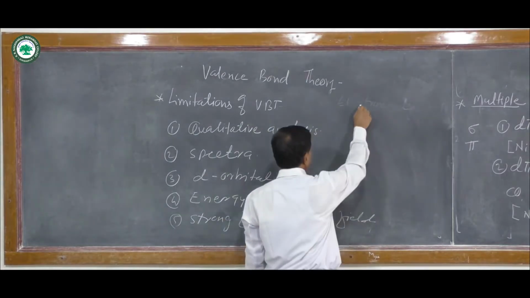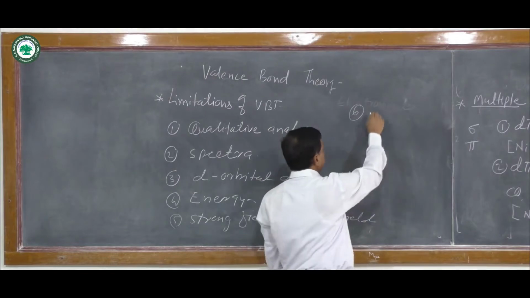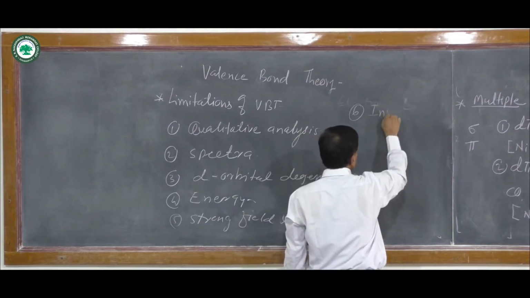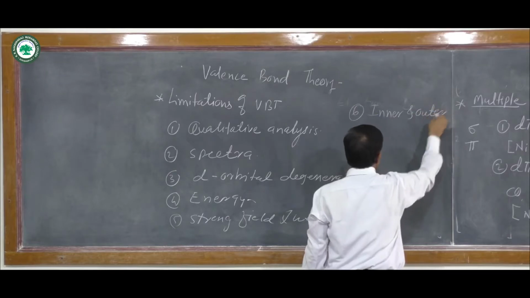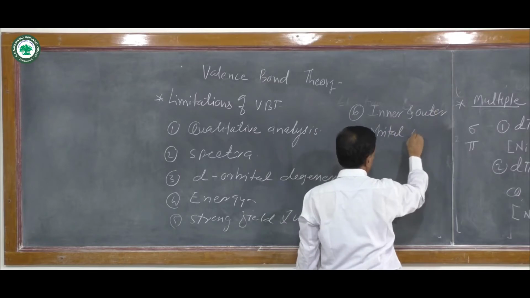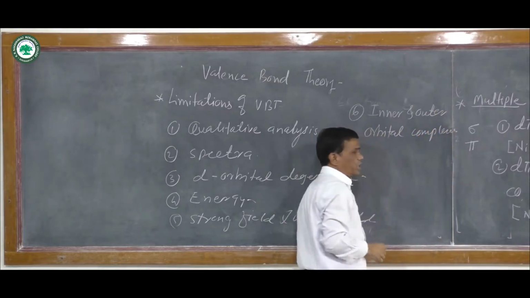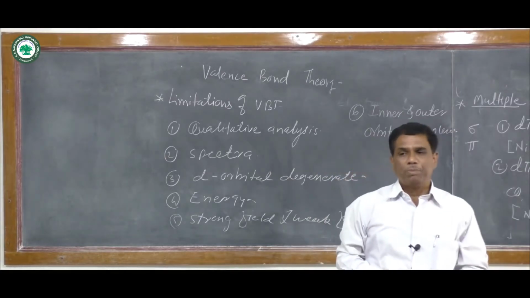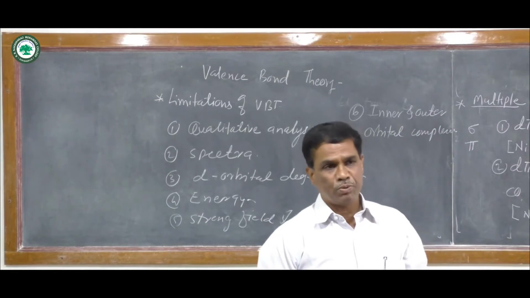Then number 6, limitation of VBT is inner and outer orbital complexes are not explained properly by valence bond theory, and these are the limitations of VBT.